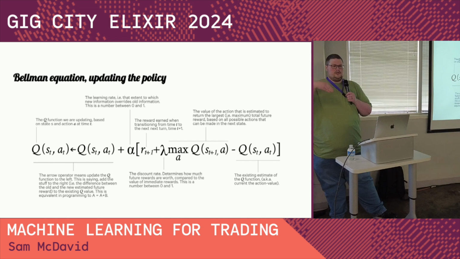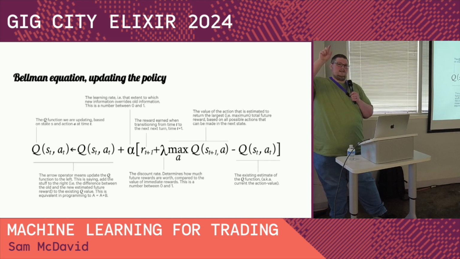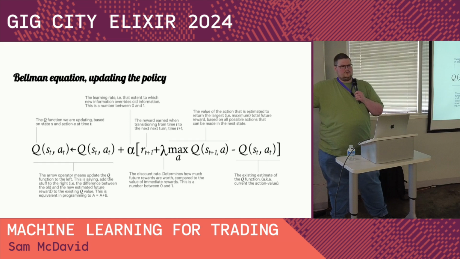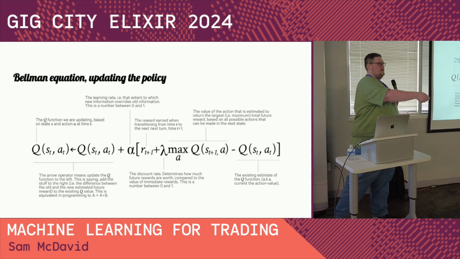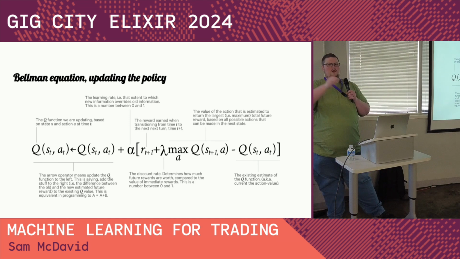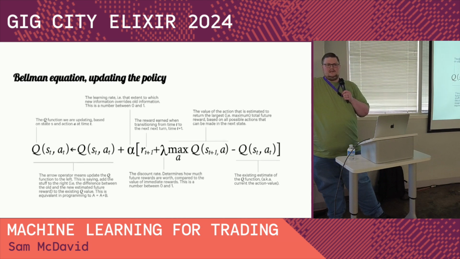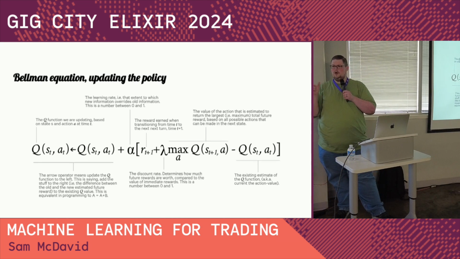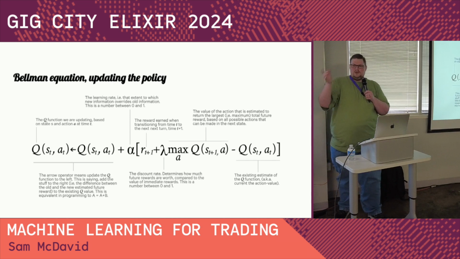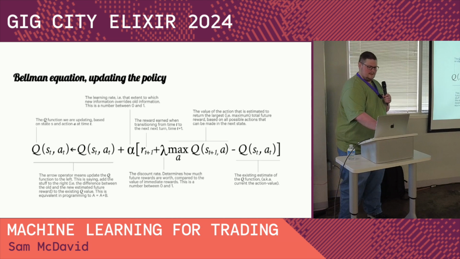Then you're going to take the reward, and gamma here is the discounted next reward. So that way you know, hey, I'm going to end up in this next state. What reward can I expect to get by getting to that state? Then you're going to subtract your current Q value, where Q stands for quality, so that way you don't double count it. And that's really what that looks like.